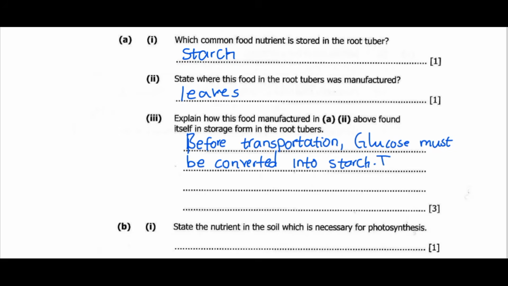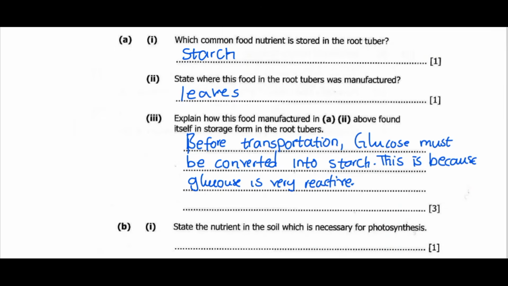This is because glucose is very reactive. Then after this food has been converted into cellulose or starch, where it is in a less reactive form, this food will move by the process we call translocation.